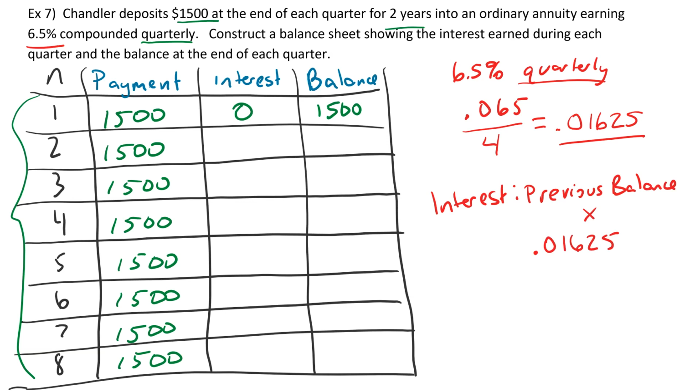In this case, it's going to be 1,500 times 0.01625. When you do that, go ahead and round it to the nearest 2 decimal places, and you should end up with 24.38.